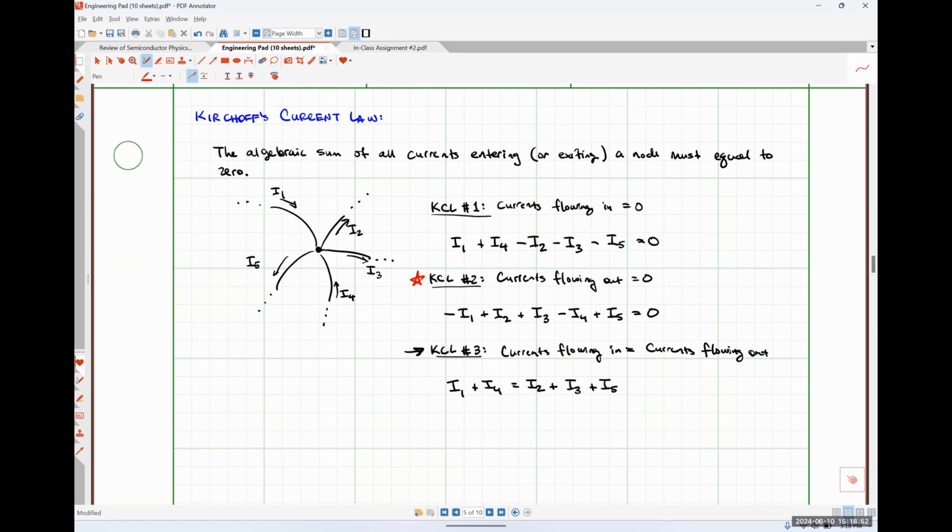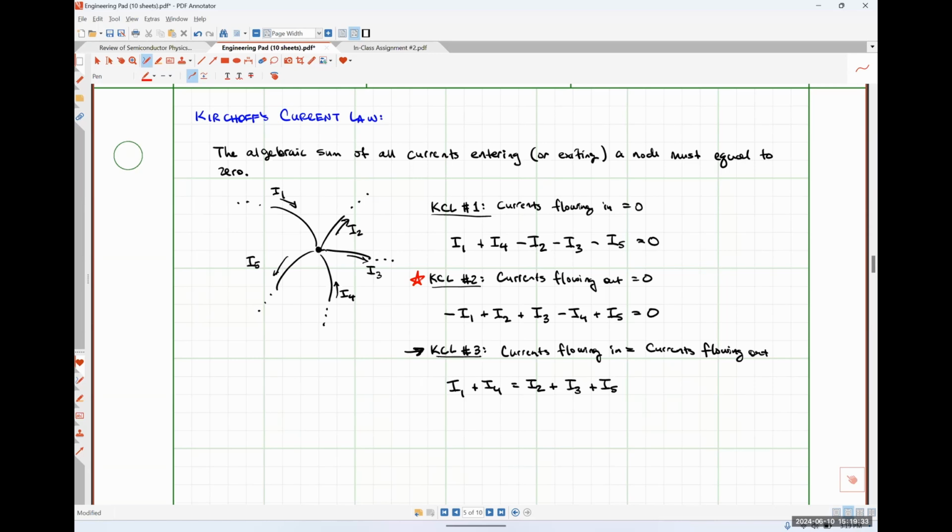And the reason why I use this representation is because when we apply a technique called nodal analysis that we're going to learn about next week, using this particular representation of Kirchhoff's current law gives us the correct results with the minimum number of extra negative signs. And I know that I personally tend to make a lot of mistakes when I have too many negative signs floating about. So that's the one that I use most often. But whatever one makes you the most comfortable is the one that you should be using.